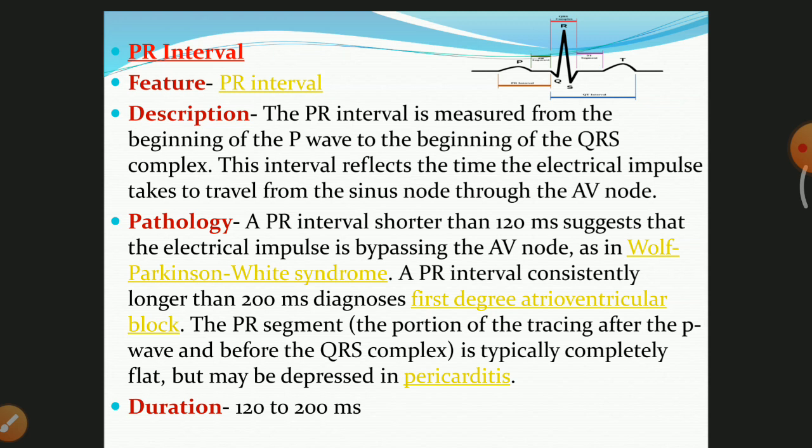The PR segment, the portion of the tracing after the P wave and before the QRS complex, is typically completely flat, but may be depressed in pericarditis, swelling or inflammation of the pericardium.